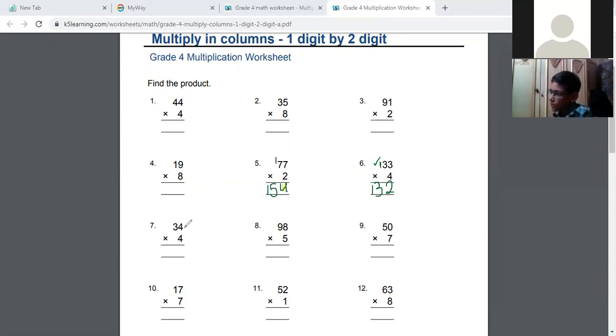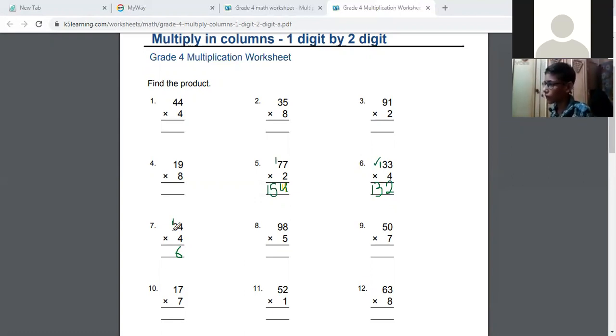Again, you will have to read the table of 4. 4 ones are 4, 4 twos are 8, 4 threes are 12, 4 fours are 16. 6 I am writing under the 4 and 1 I am giving to the 3. 4 threes are 12.